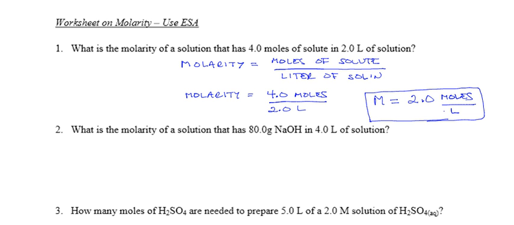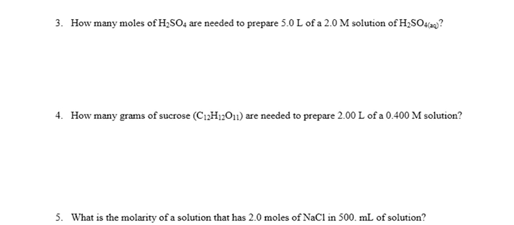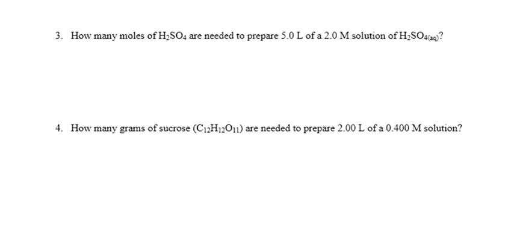So the hardest problem they can ask you is question 3. So I'm going to do 3, and then we're going to call it. This will be the last one. How many moles of H2SO4 are needed to prepare 5 liters of a 2-molar solution? H2SO4 aqueous is sulfuric acid. Molarity equals, we can shorten it down, moles per liter.